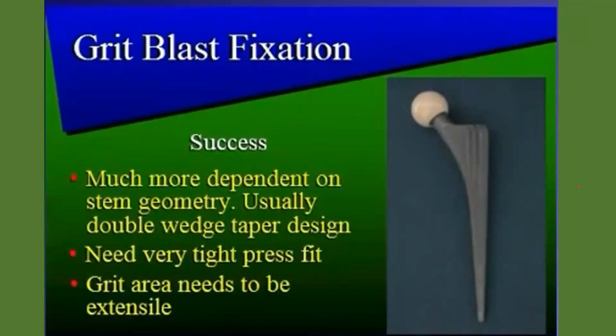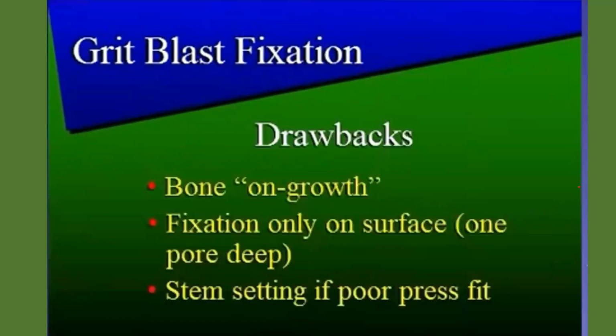It's much more dependent on stem geometry, usually a double wedge tapered design. You need a very tight press fit. The grit area needs to be extensile. We have to impact it in strongly. The drawback is bone on-growth, not ingrowth. Fixation is only on the surface.